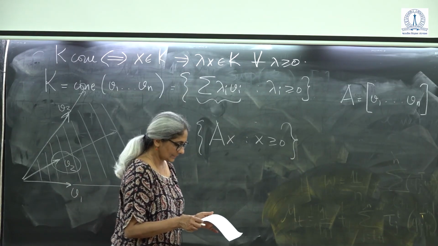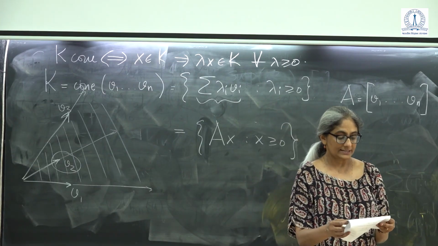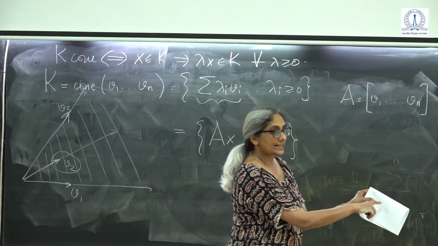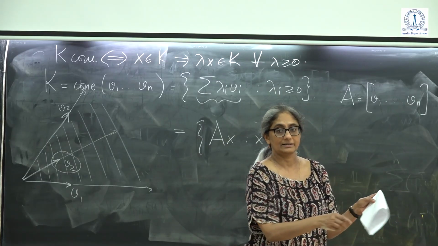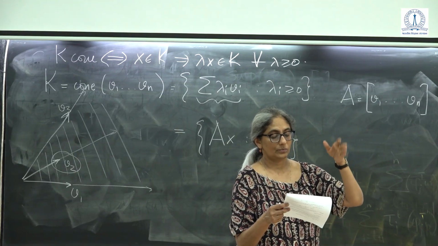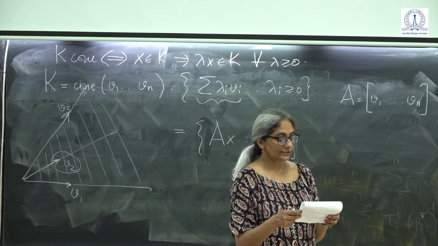Exercise 1 is giving you generators of the cone. In the first example, A is 1, 0, 1, 1, 1, 3, 1, 4. So it's two-dimensional; draw the cone.